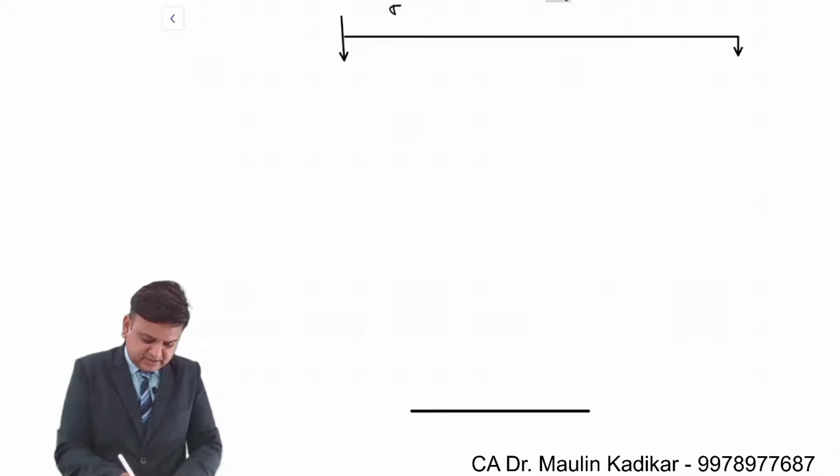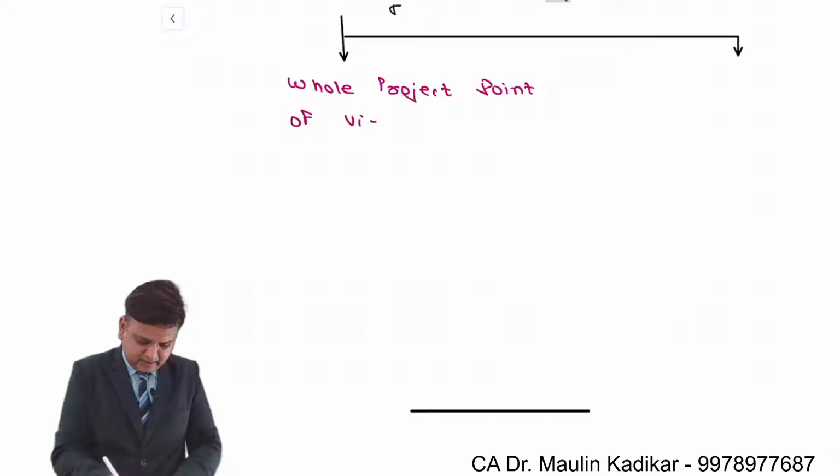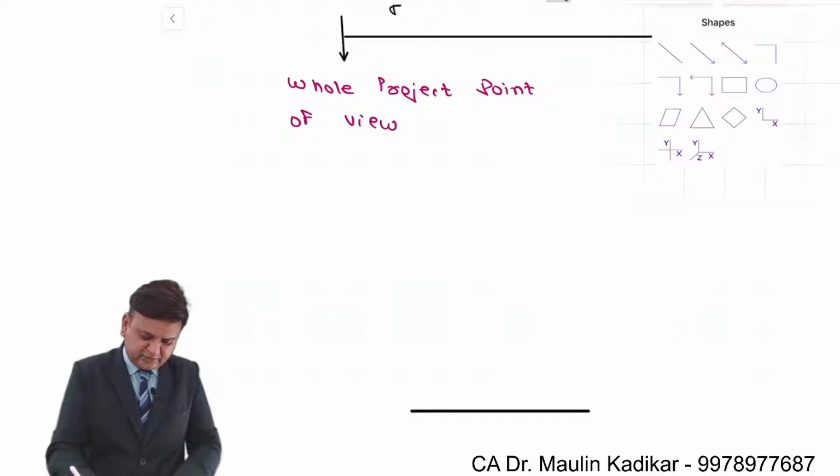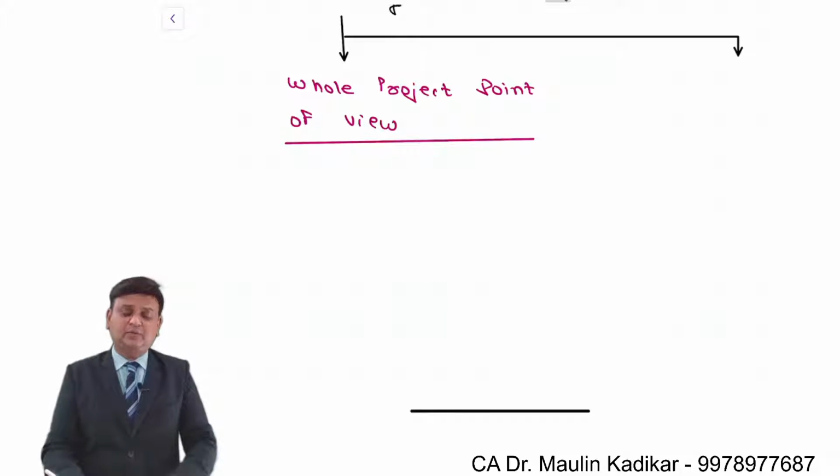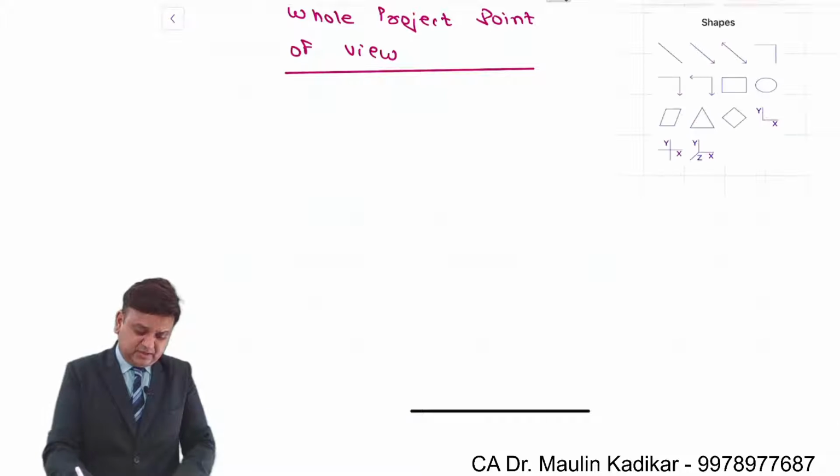One is given a name as whole project point of view. The term whole project point of view stands for we make calculation of the NPV for both the options separately.